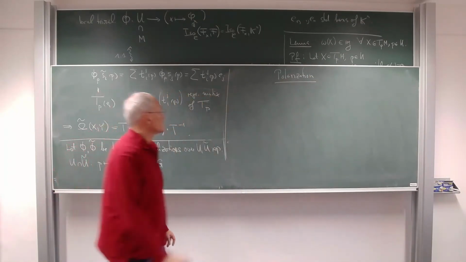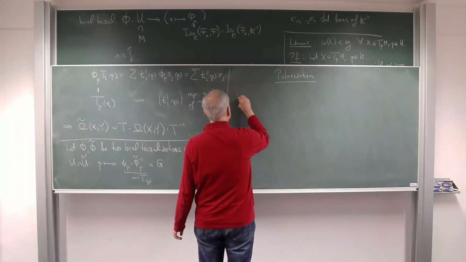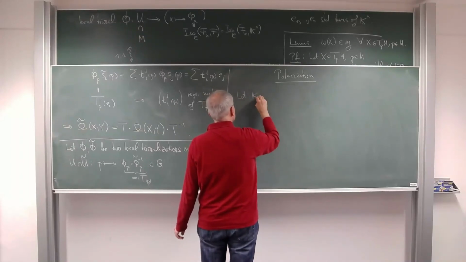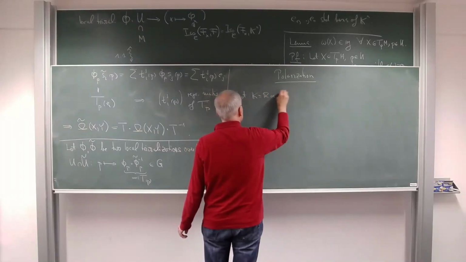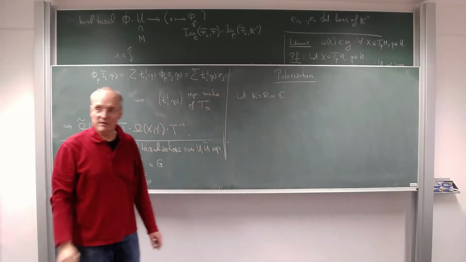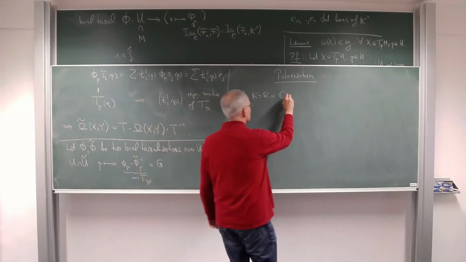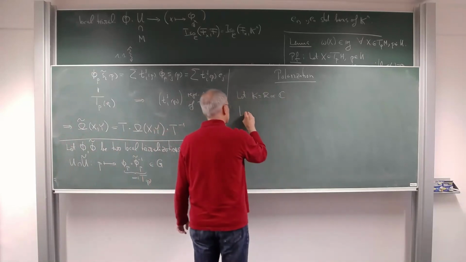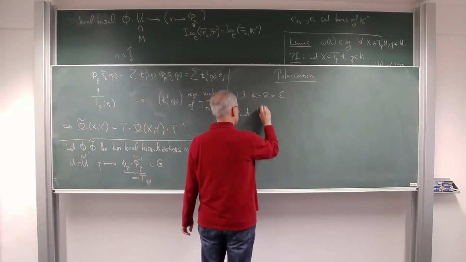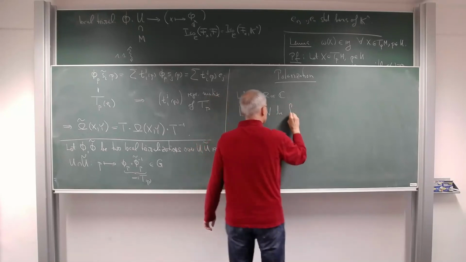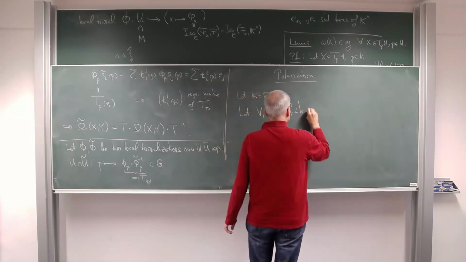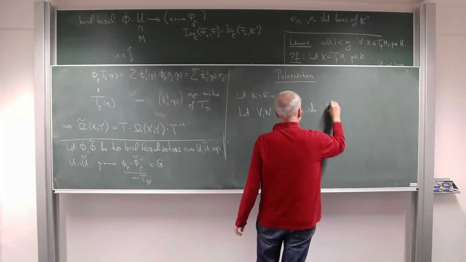We consider K to be R or C, or any field of characteristic 0 for that matter. Let's look at two finite dimensional vector spaces, V and W.